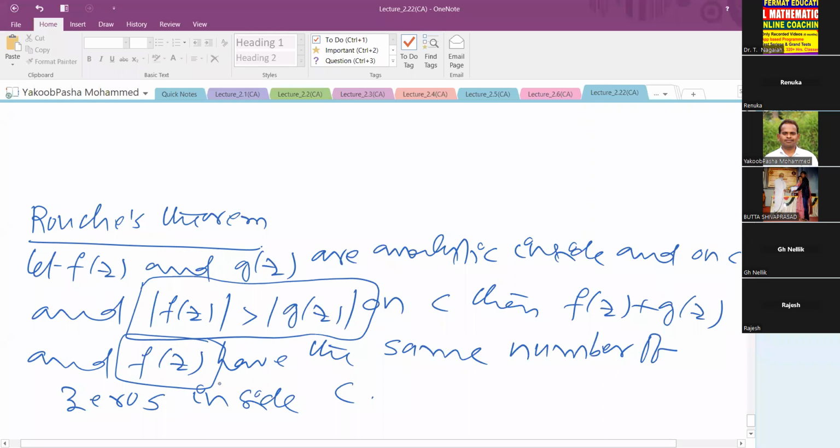If we calculate f of z zeros, we can say the entire polynomial's zeros. You have to remember the condition.